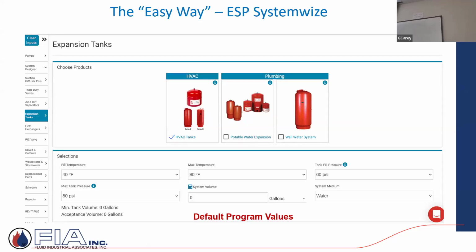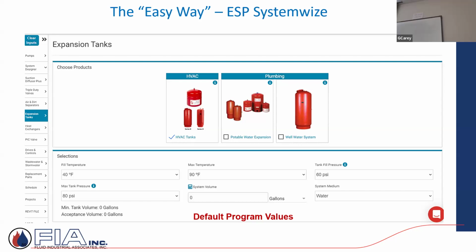Now, take away all that math and just sit there with the software at your computer at your desk, or on an iPad or whatever. Because we represent Bell & Gossett, we'll have Bell & Gossett's version of software. They call it System-Wise, ESP, Equipment Selection Program System-Wise. And there's a whole selection of pumps, suction diffusers, triple duty valves, and you highlight expansion tanks and you click on it.